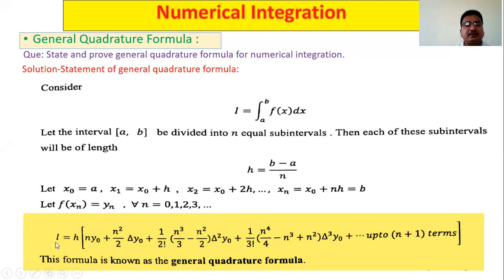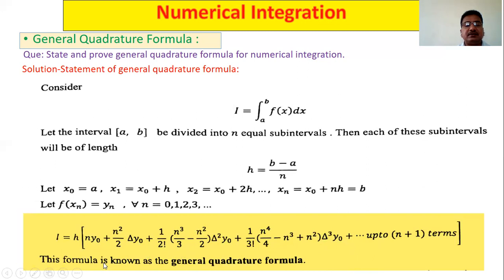And then the integration I, from a to b of f(x) dx, is equal to h in bracket: n y0 plus (n squared by 2) delta y0, where y0 means f of x0 or f of a, plus (1 by 2 factorial)(n cubed by 3 minus n squared by 2) delta squared y0, plus (1 by 3 factorial)(n raised to 4 by 4 minus n cubed plus n squared) delta cubed y0, plus so on, up to n plus 1 terms.